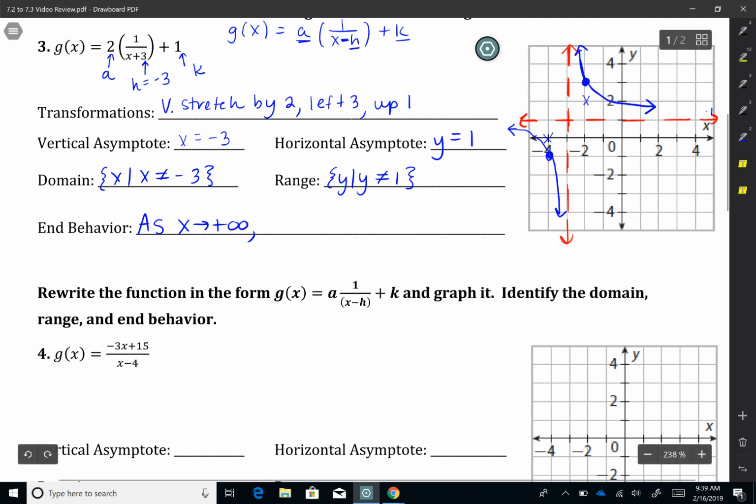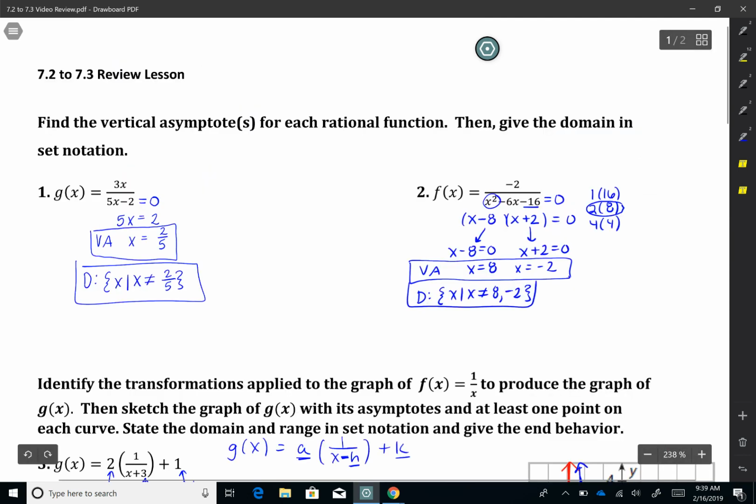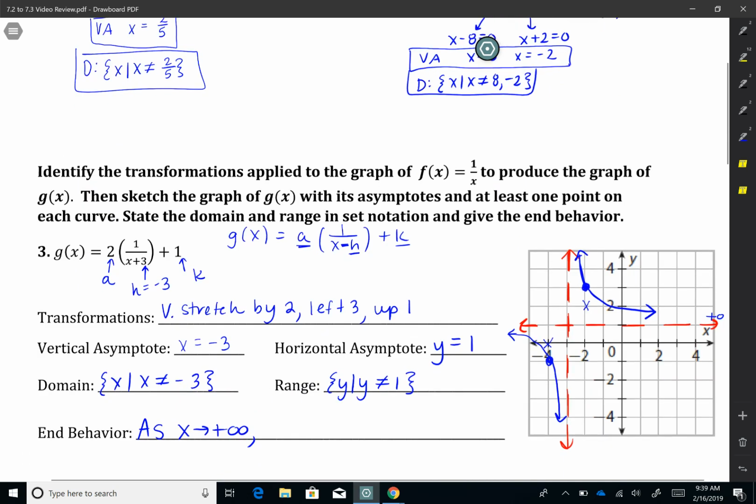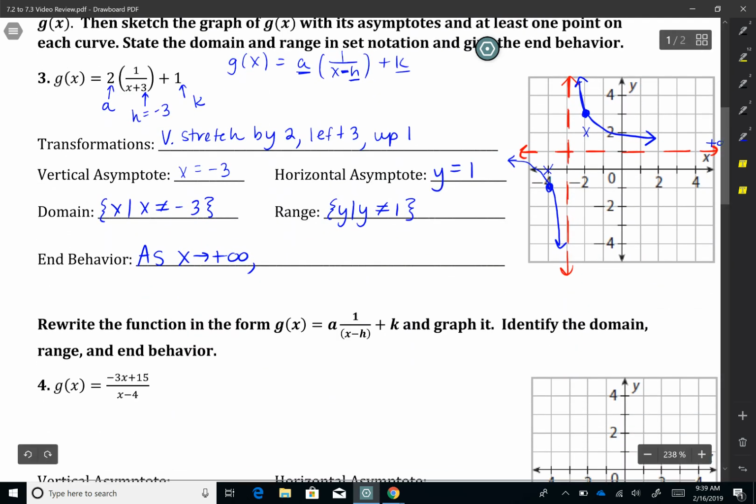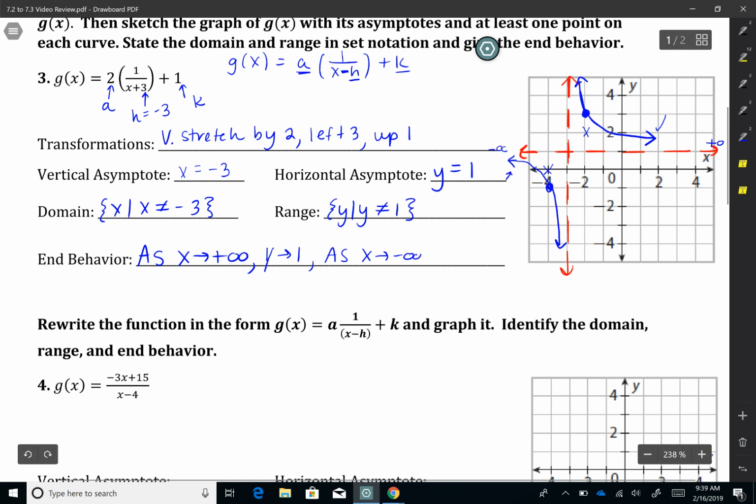So over here where x is approaching positive infinity, our y values are going toward our asymptote. So that's at 1. Y approaches 1. The same thing happens on the other end as x approaches negative infinity. On this end, our y values are going toward our asymptote at 1.